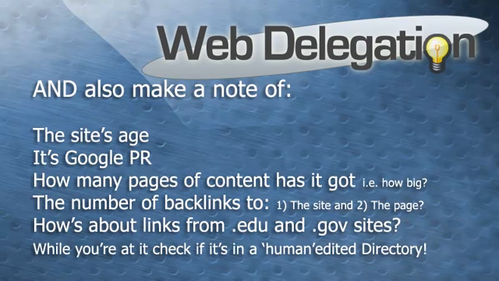Every site. Then I want you to go and find out, using the extensions I showed you in Firefox and Google, how old the site is, what Google PR it has, how many pages of content it has indexed, how many backlinks are coming to it, not just to the site but to that specific page. Now, how about, has it got any links from edu and government sites and the like?